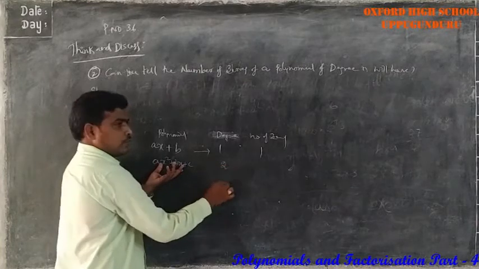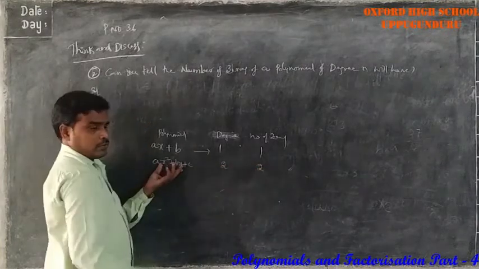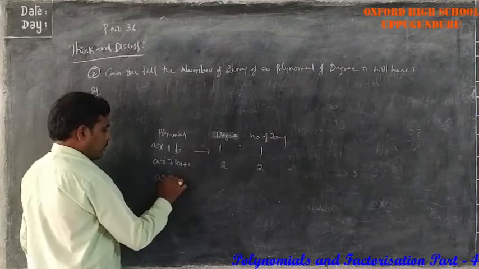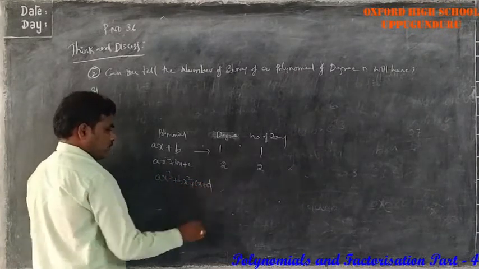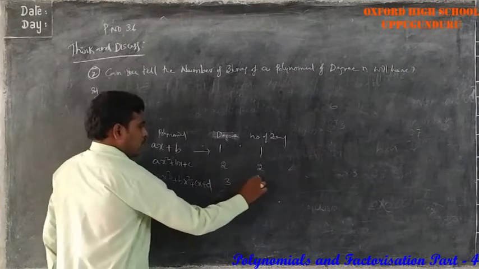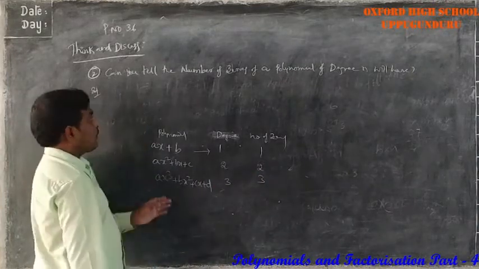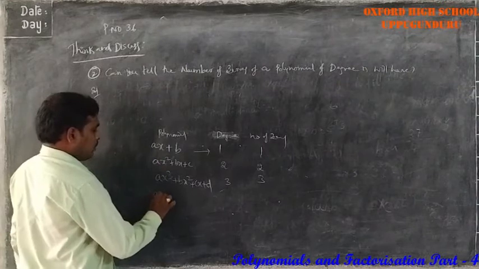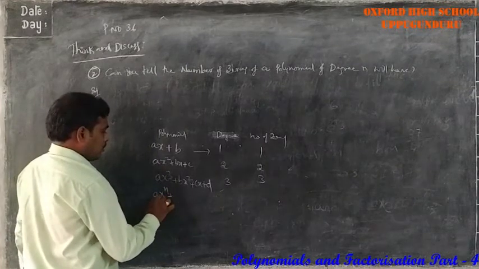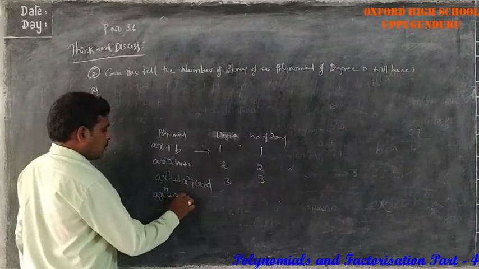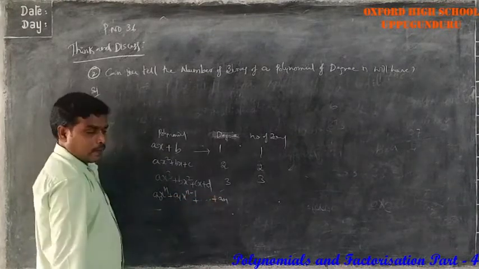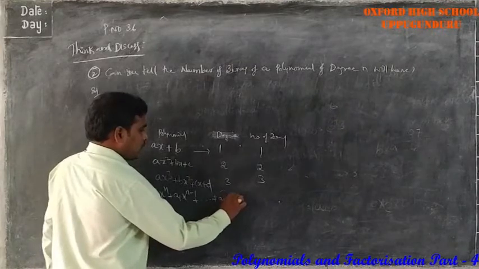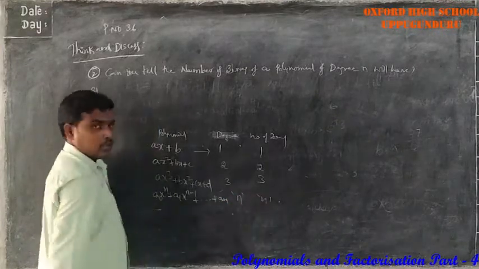Here degree is 2, number of zeros is also 2. Cubic polynomial ax cube plus bx square plus cx plus d: degree is 3, number of zeros is also 3. Similarly, for the nth degree polynomial a0 x power n plus a1 x power n minus 1 plus and so on plus an, the degree is n and the number of zeros is also n.